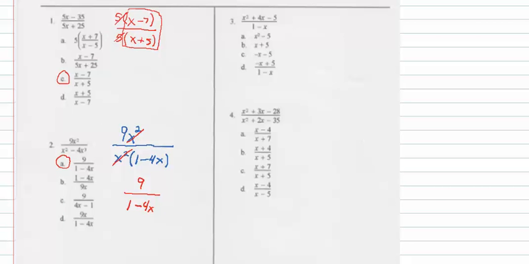Number 3. Okay, I look at the top of my fraction, because I'm going to do the top as a separate problem and the bottom as a separate problem. I look at that and I say, oh, it's a trinomial. Can I take anything out? I cannot, so I'm going to go ahead and do my x. First times the last is negative 5, add together to give me 4. Two numbers that multiply together to give me a negative 5, but add together to give me a 4.